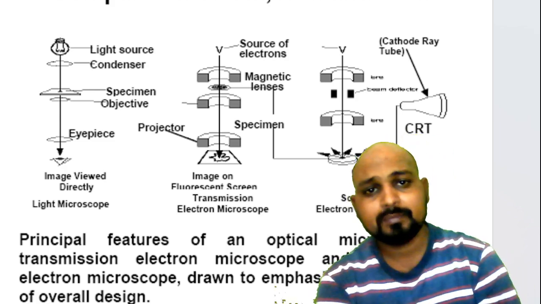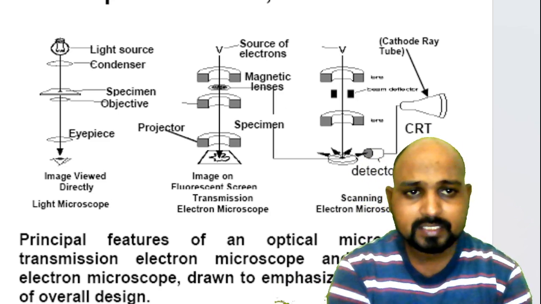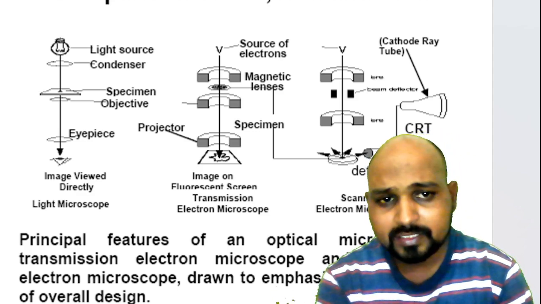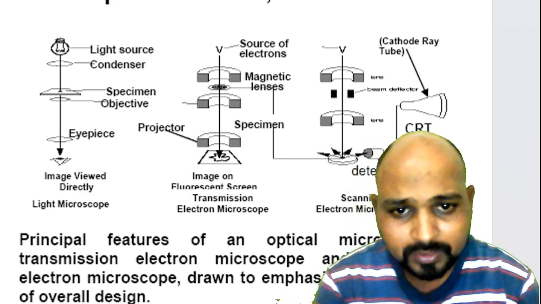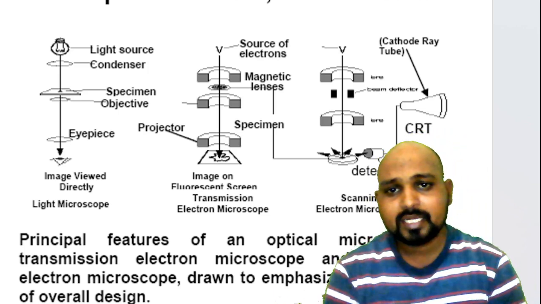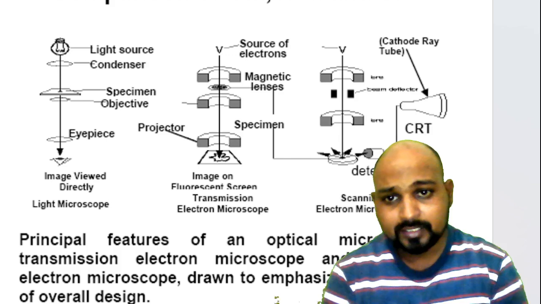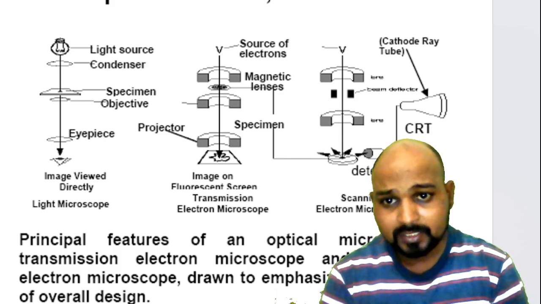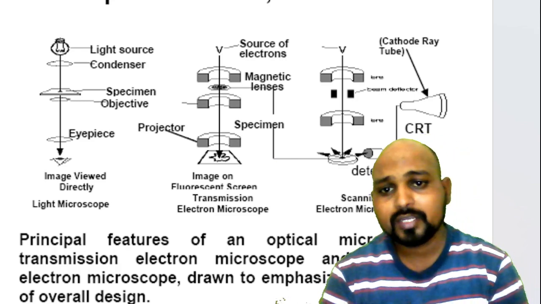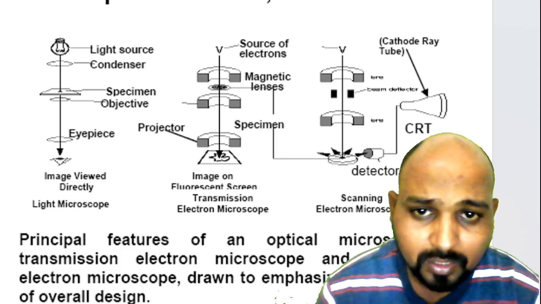Comparison of the optical microscope, transmission electron microscope, that is TEM, and scanning electron microscope, SEM. Here we can see the cross section of the light microscope, electron microscope, and scanning electron microscope. In the light microscope there is a light source, and we use a condenser to focus the light. There is a specimen, objective, and at the end the eyepiece, through which we can observe the required specimen.